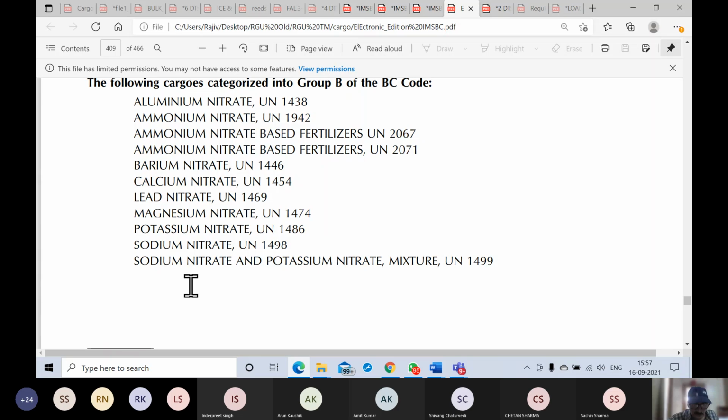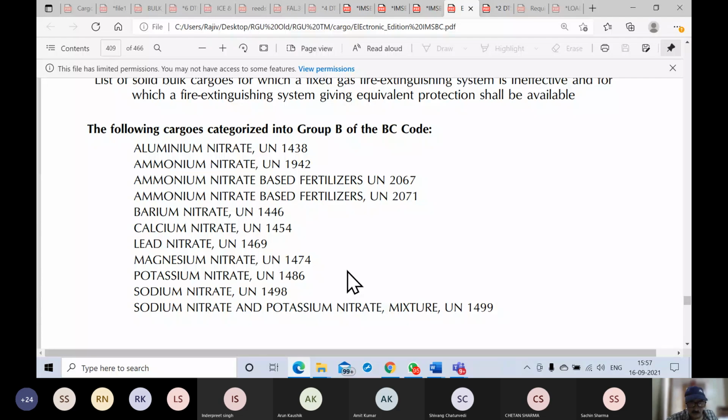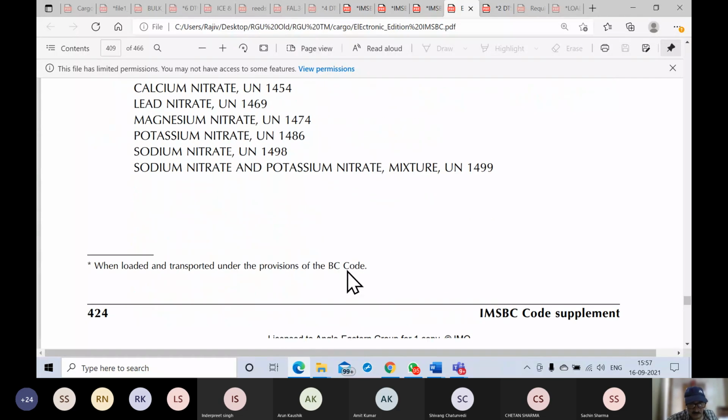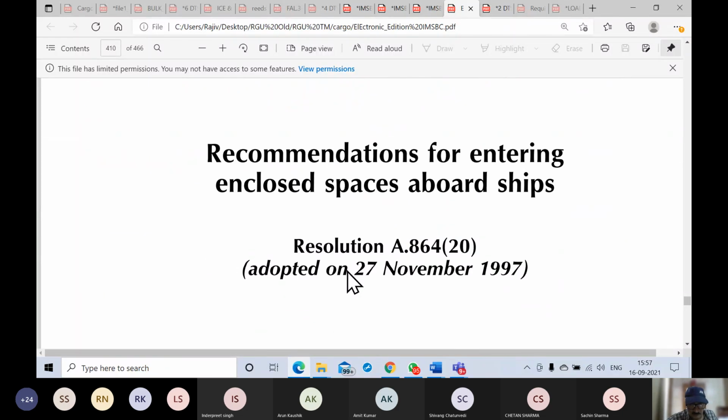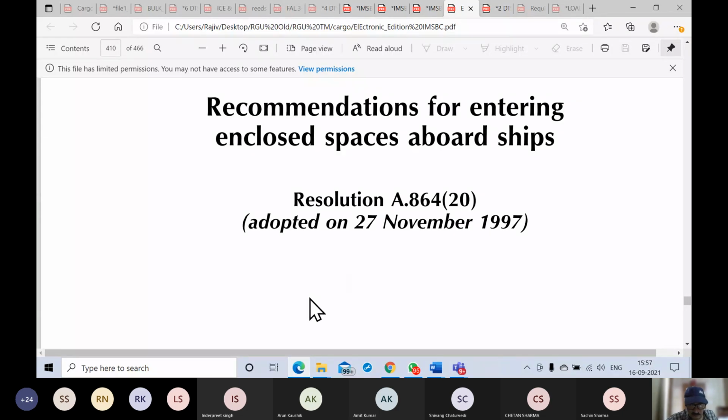So this is all the list. Again, you don't need to memorize the list, but you should be aware that there is a list talking about exemption from fixed gas firefighting system, which you can refer to and always come back to IMSBC to find out.